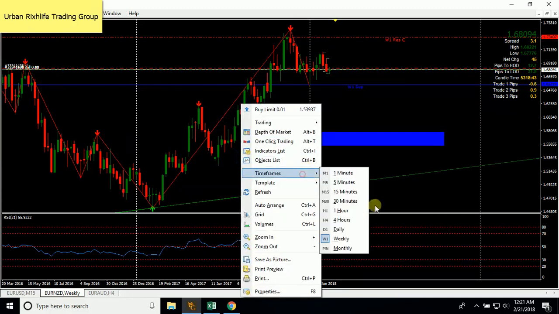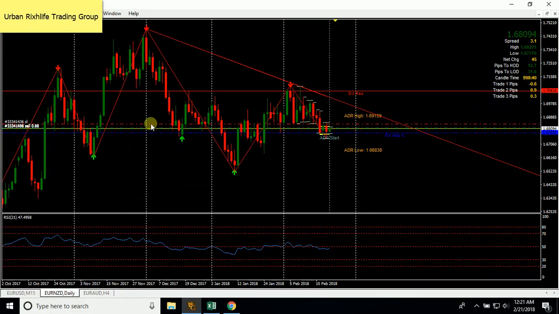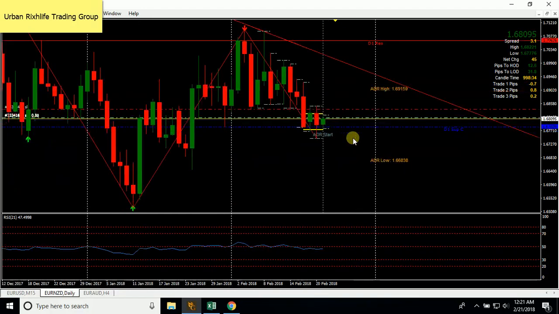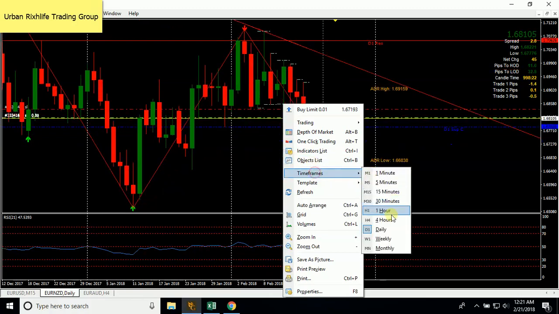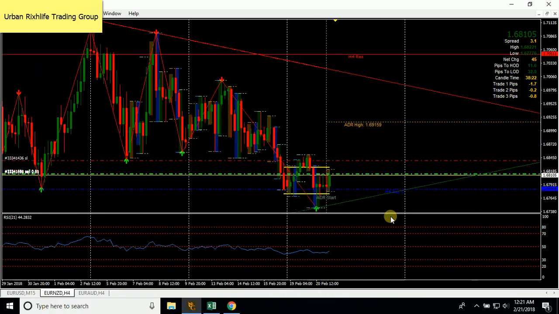Let's go to the daily. Here on the daily, we have daily resistance and daily support. We're right at daily support, and based on this pattern and the higher time frames also confirming a downtrend, I look for price to fall through this support here. Now from there we go to the 4-hour.